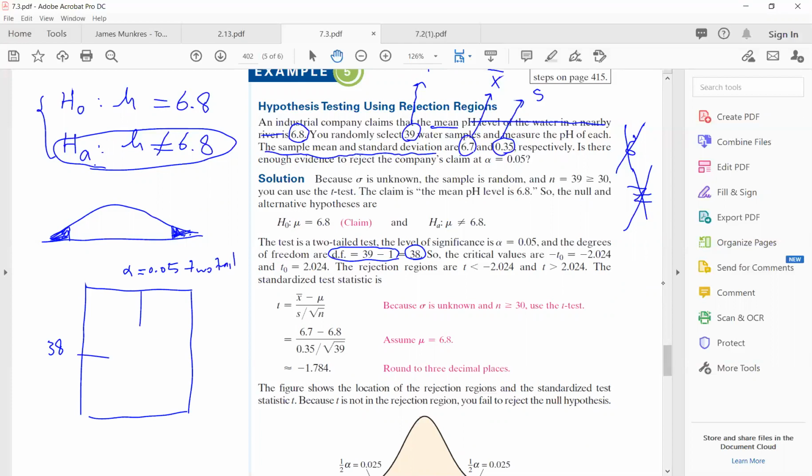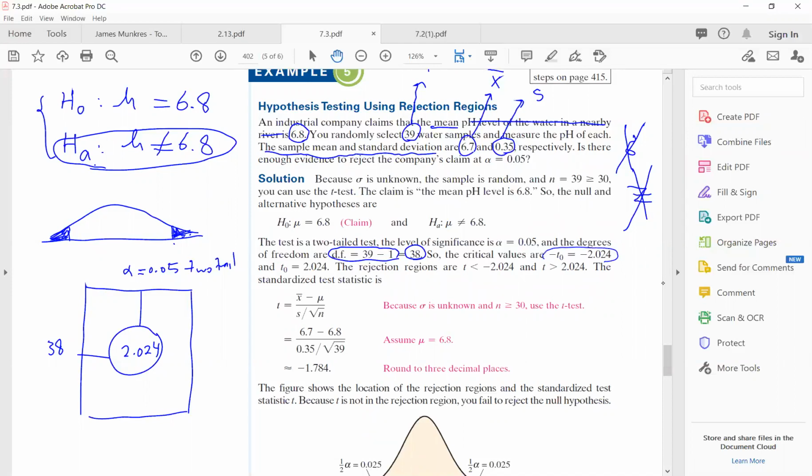The intersection between these two numbers gives you a positive critical value, 2.024. Since you have a two-tailed graph, you must put a negative sign next to this number. Because of symmetry, you get a negative and positive critical value.